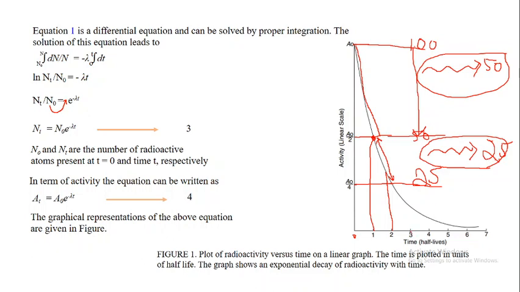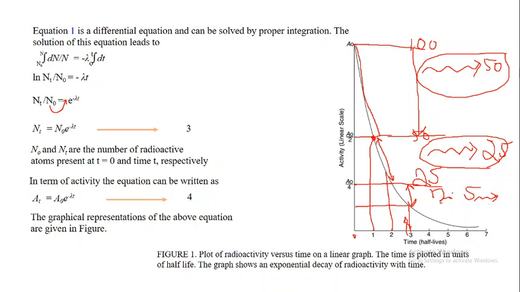If we consider the third half-life, this is the span, and this is 12.5. So 12.5 radiations were emitted. So the activity was reduced further.